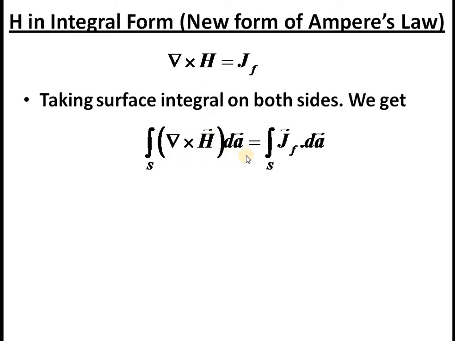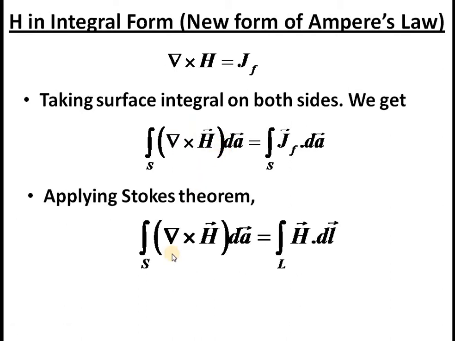So you integrate with the surface integral del cross H dA and JF dA. When you take that, on the left hand side you can apply what is called Stokes theorem. This surface integral you can convert into a line integral. How will you convert it? Like this.